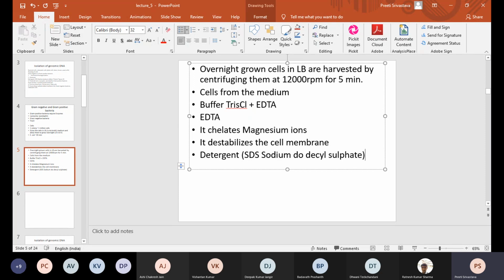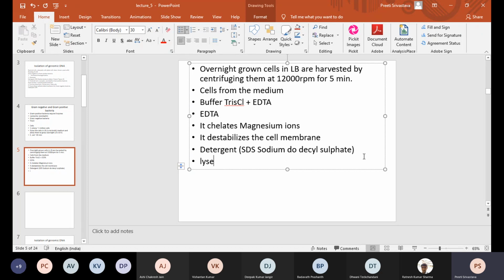This is just to maintain the cells in their proper morphology. So this buffer contains TrisCl and EDTA together. After that, we add detergent, which is sodium dodecyl sulfate. This is an anionic detergent, class, and what it does is it lyses the cell membrane.